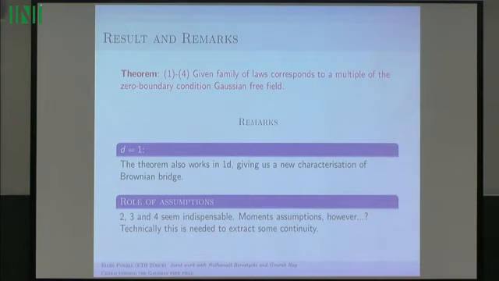I also want to comment that we have an analogous result in 1 dimension. Instead of being indexed by simply connected domains, it is indexed by intervals of the real line, and we have a similar thing which characterizes the Brownian bridge. We assume that we have a family of laws on functions on any interval of the real line which satisfies a natural domain Markov property, the same one that the Brownian bridge satisfies.